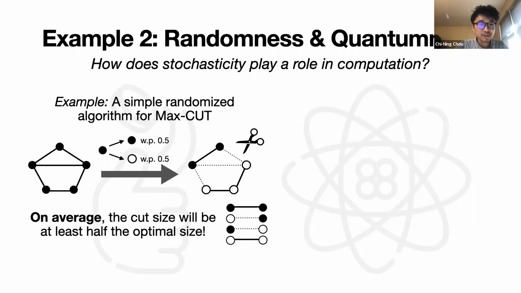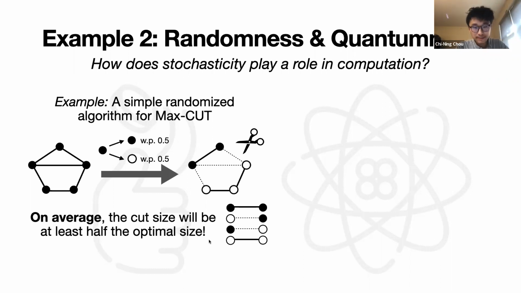Now if you do the analysis, you will realize that even though this seems to be a super dumb algorithm, you just flip coins and decide a cut, this cut is already pretty good. It actually already gives you a cut whose size is at least half of the optimal size on average.